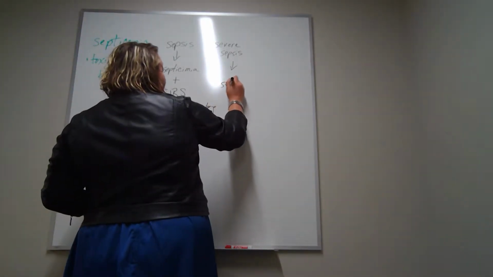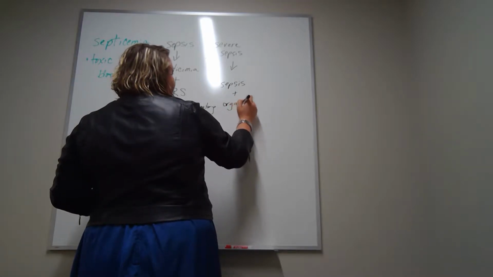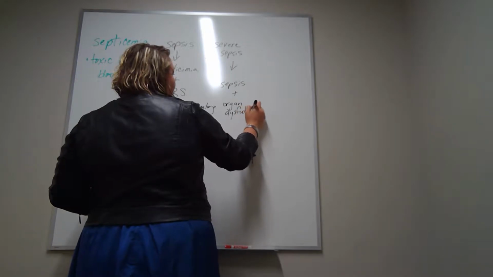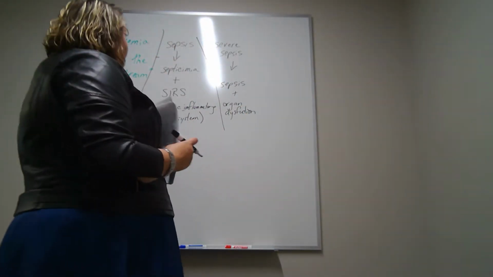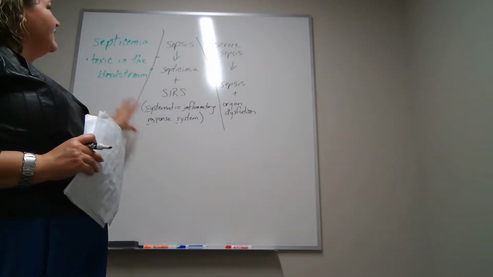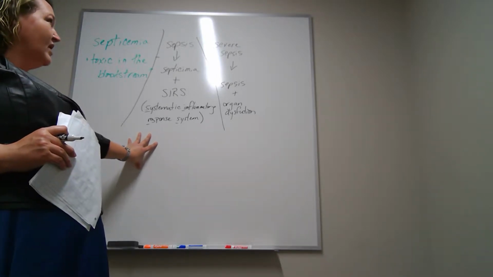So sepsis plus organ dysfunction. All right, so they're kind of stepping up. This one is septicemia. Sepsis is septicemia plus the systematic inflammatory response system.